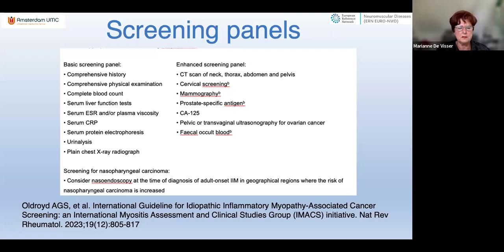Lung, ovarian, colorectal, breast, and nasopharyngeal cancers and lymphoma are among the most common types of malignancies. It's important to realize that cancer does not appear in juvenile dermatomyositis and is not increased in IBM.